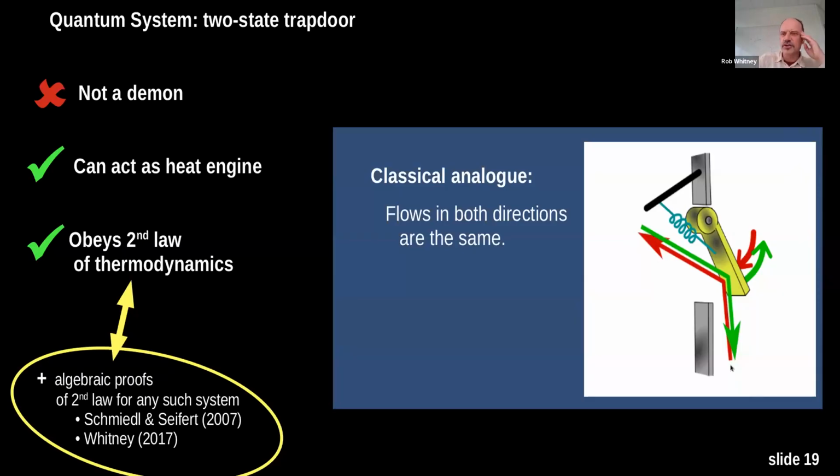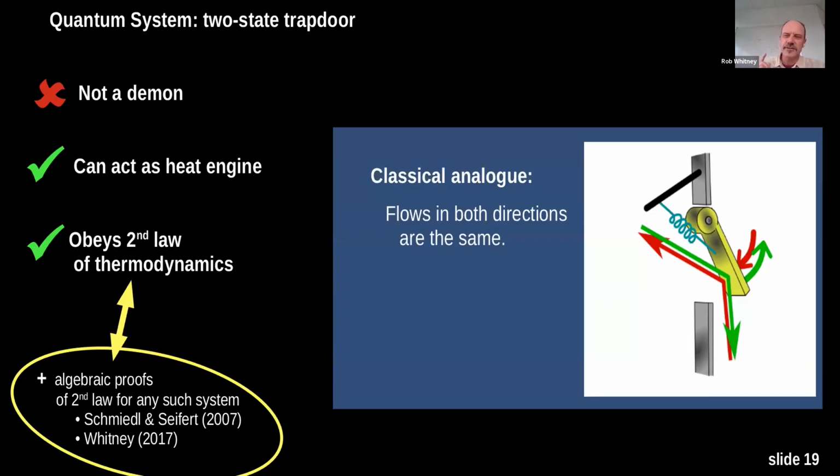The green one pushes the trapdoor open, but in the red one the trapdoor was already open and is closing, and it pushes a particle through the trapdoor that maybe wouldn't have gone through if it hadn't been hit and pushed through by the movement of the trapdoor.